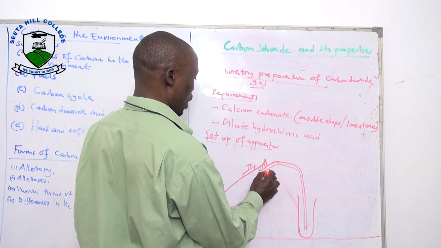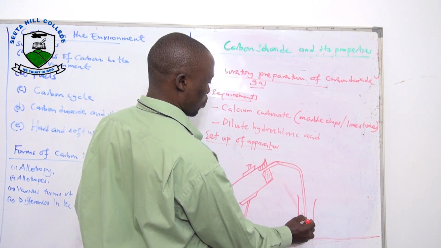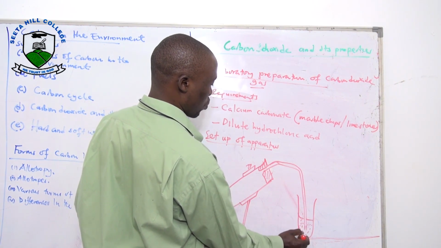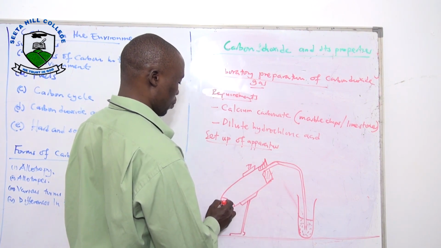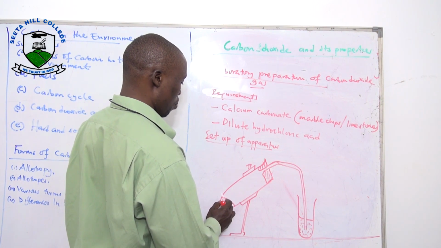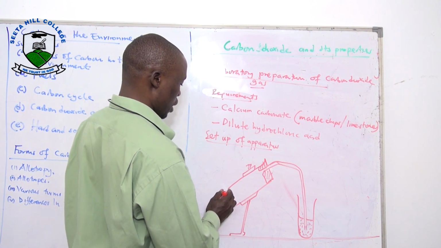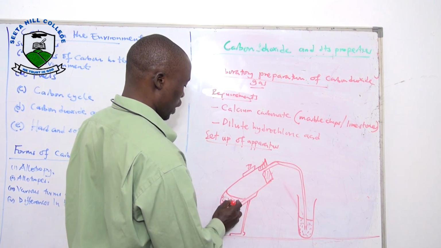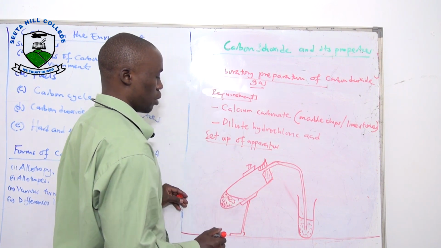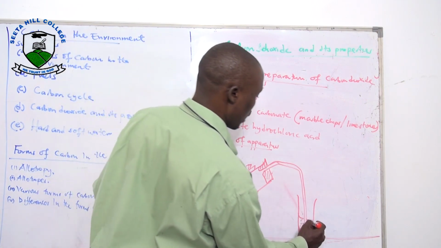What we do is that we put inside here calcium carbonate powder and an acid called dilute hydrochloric acid, together with marble chips. This one is a simple one that we can illustrate here in the laboratory.